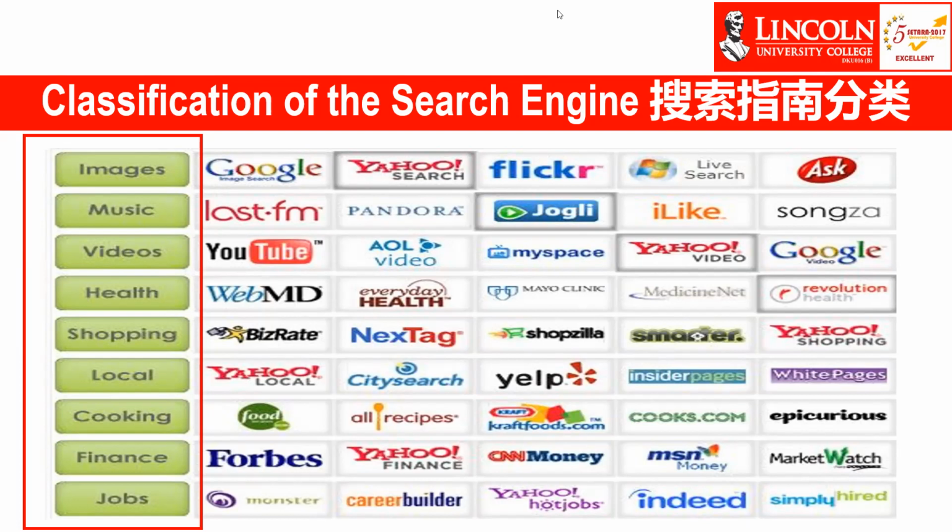So it will be more appropriate, easier, and even faster for you to go straight to the search engine that provides the kind of data set you want. Then it will make your search faster. These are just some of them. We have hundreds of them.